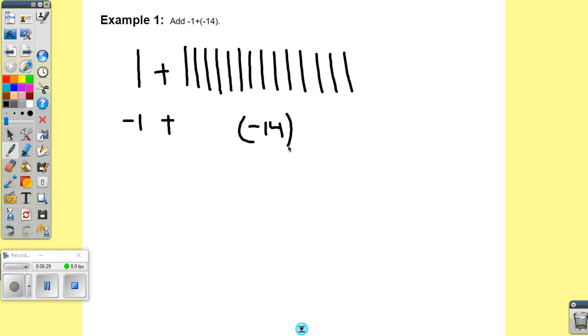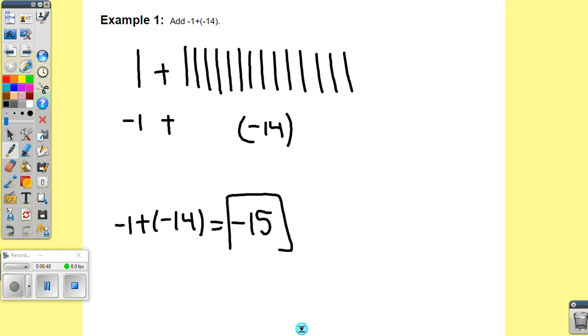All we have to do is just add up what we have total. So if you add up the popsicle sticks, that's 15 total popsicle sticks. So -1 plus -14, your final answer is -15.